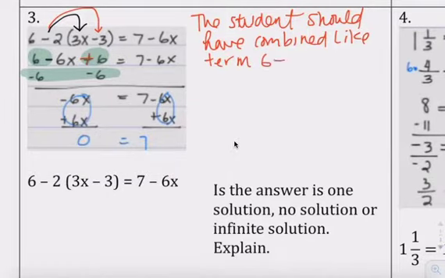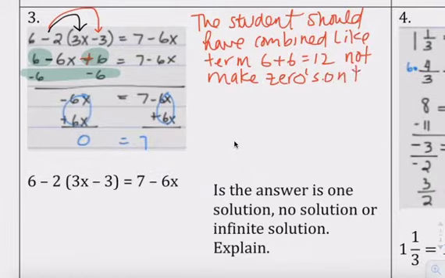That is 6 plus 6 equals 12, not make zeros. Okay? On the same side of the equal sign.